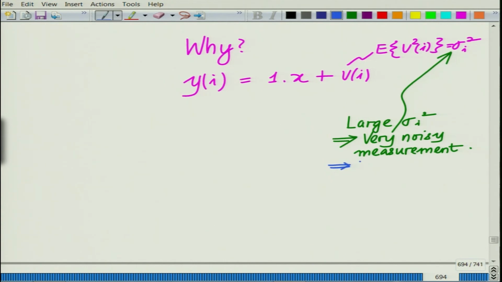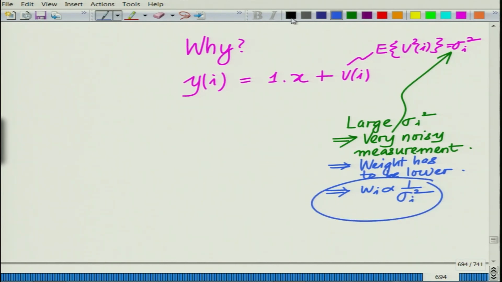So this implies that the weight Wi is proportional to 1 over sigma i square, and this is why it makes sense. You cannot have the weight proportional to sigma i square, because that would mean the larger the noise, the greater the weight.